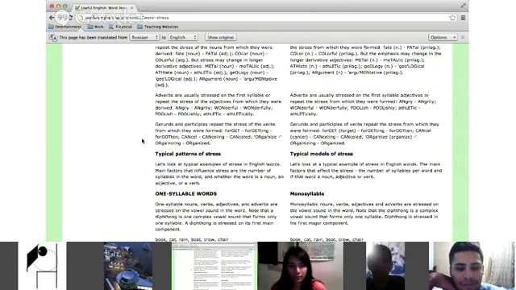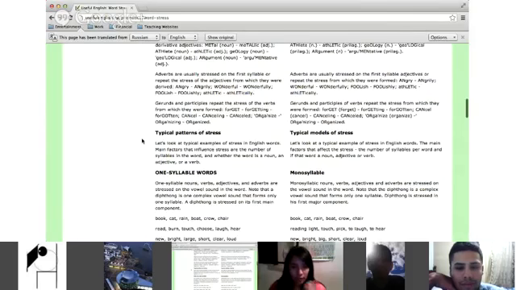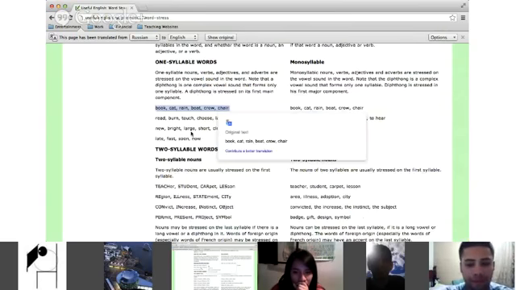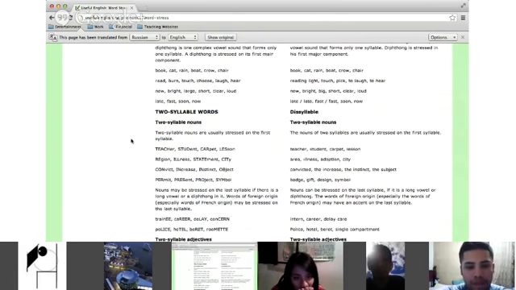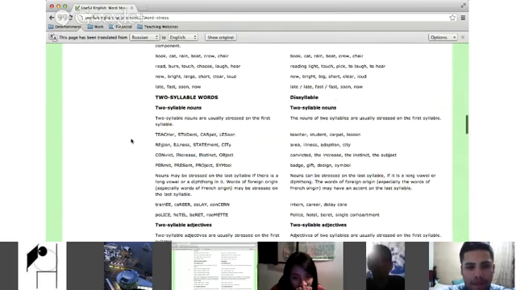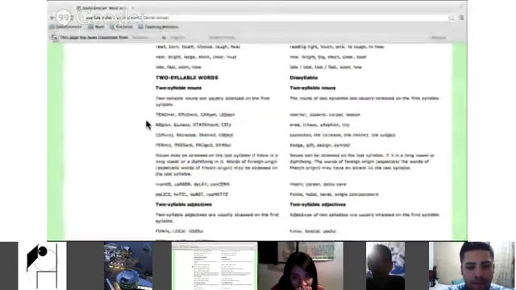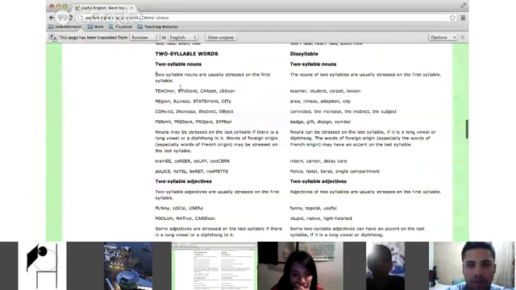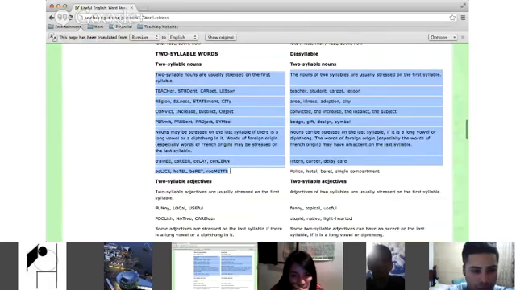We're going to go to two-syllable words. One-syllable words are fairly simple, not much trickiness going on there. All right, two-syllable words. Let's go to Alexis. Let me have you read through two-syllable words down to the bottom, starting at two-syllable down to two-syllable adjectives, please.